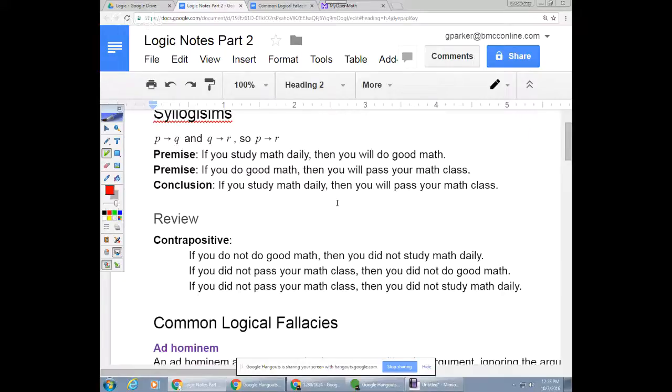Questions on forming a contrapositive? Does anybody remember why I was so excited about contrapositive, besides that it sounds cool as a word? I was excited about it last class. Anybody remember why?